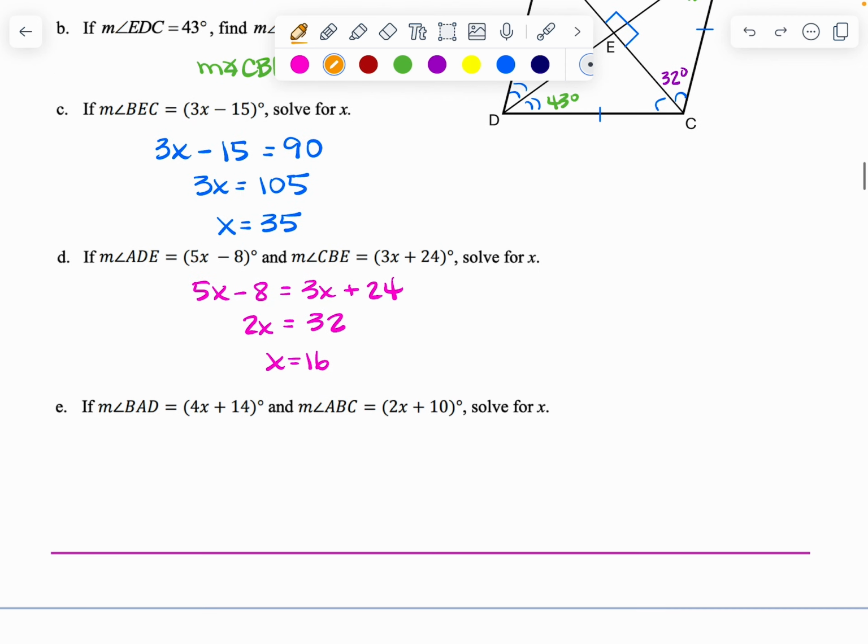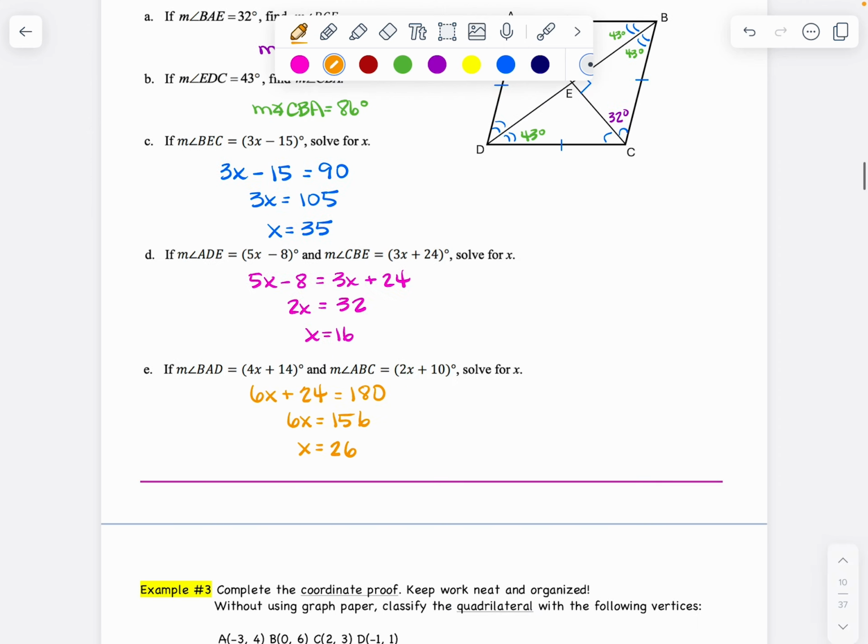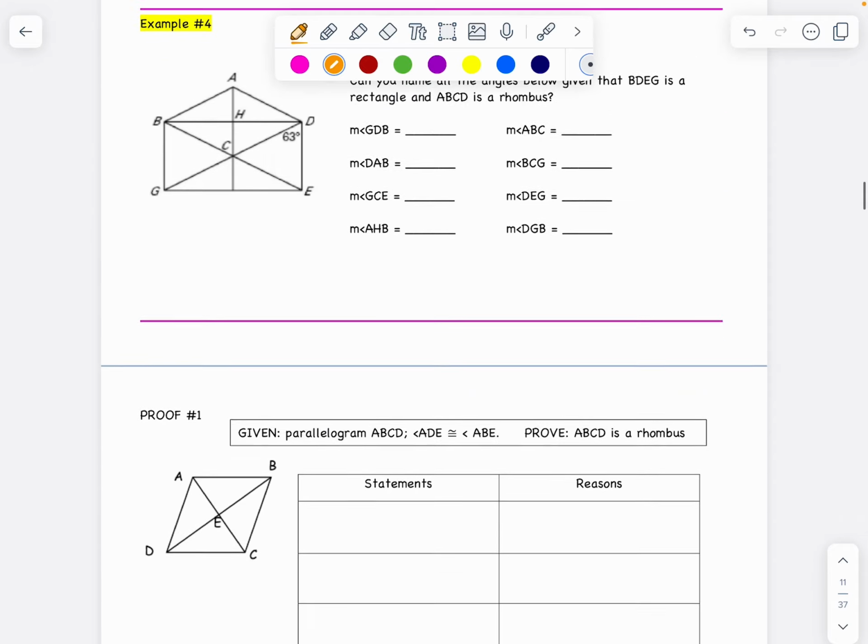So since angle A and B are consecutive angles, they must be supplementary. Right, so we can just simply add, if everyone's cool, I'm going to go ahead and combine like terms. 6x plus 24, and we know that has to equal 180 degrees. Okay, and then just subtract our 24. Right, and then divide by 6, and we should get 26. Okay, so just using properties of a rhombus and or just parallelograms in general.